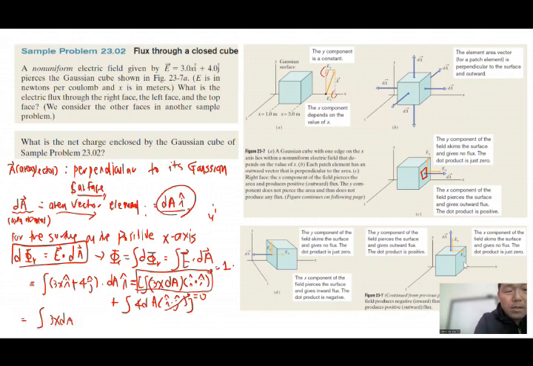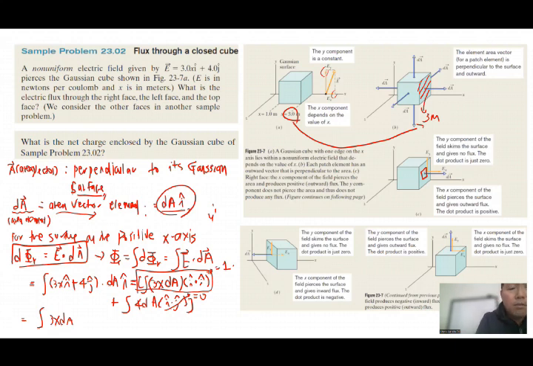As you can see, 3x is a constant value that can be taken out of the integral, because on this face of the cube, x is 3 meters everywhere. The x value is not varying over the surface, so it can be taken out of the integral.